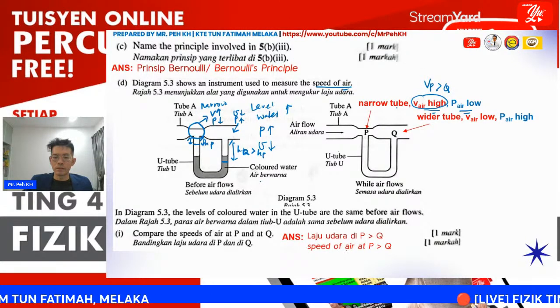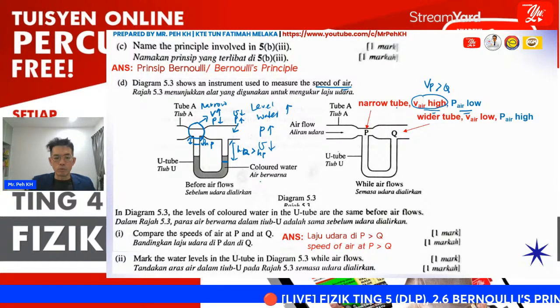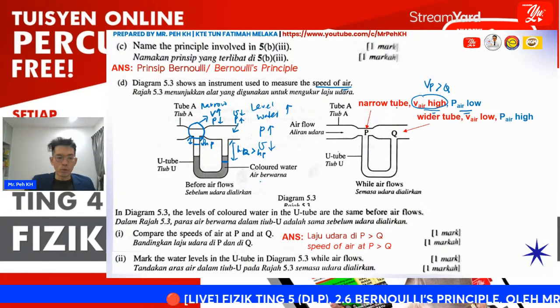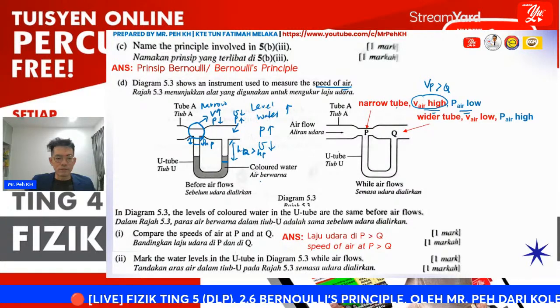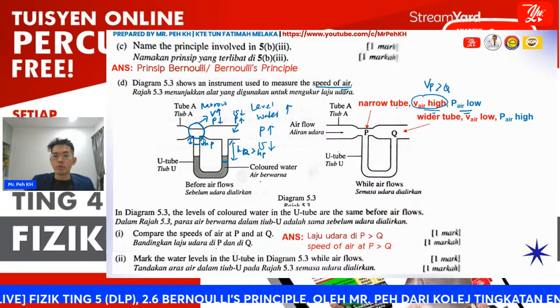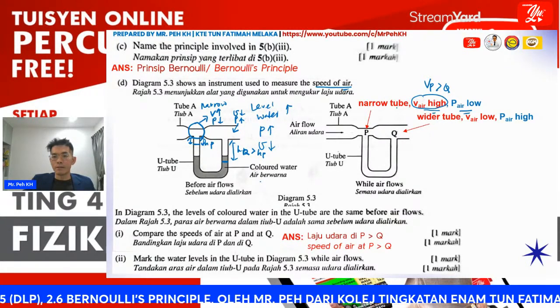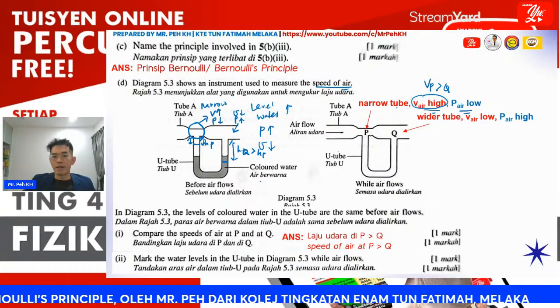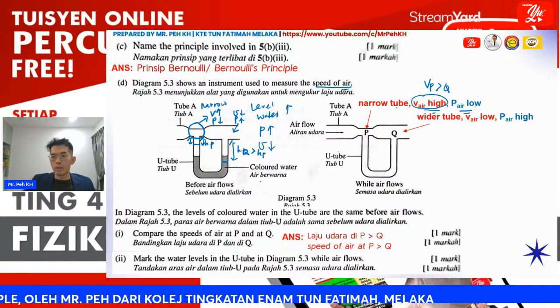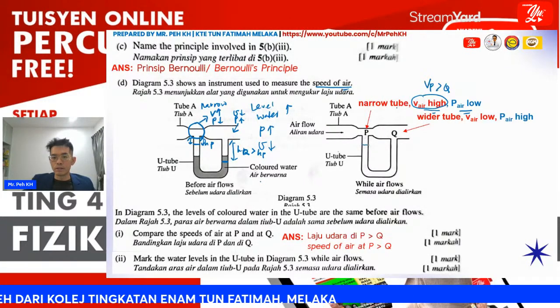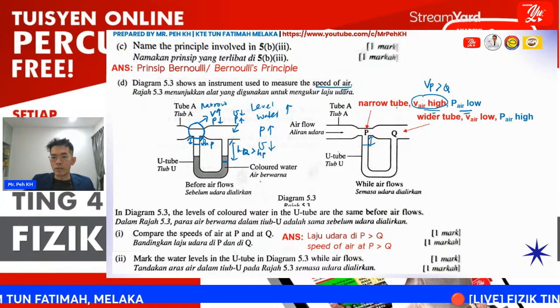Okay, so speed of air P greater than Q. Again you have to draw, and mark the water level. Just like I mentioned to you, when we discuss about the air, you can draw the air level first. So lower air will be here, higher pressure of air will be here.